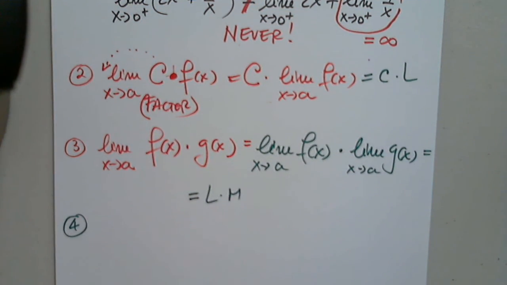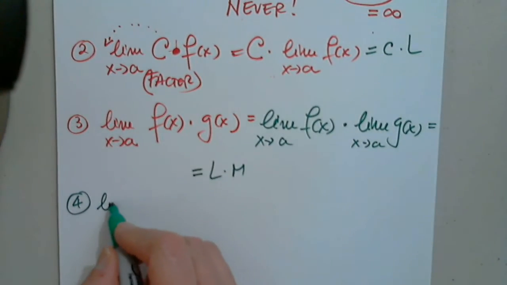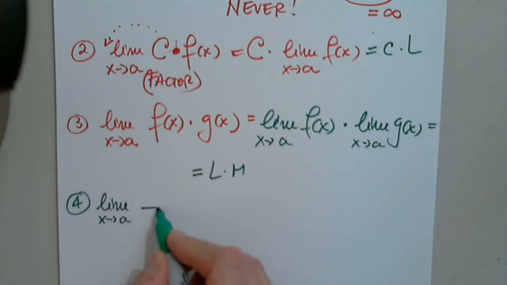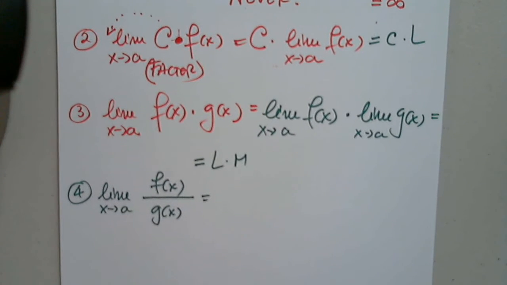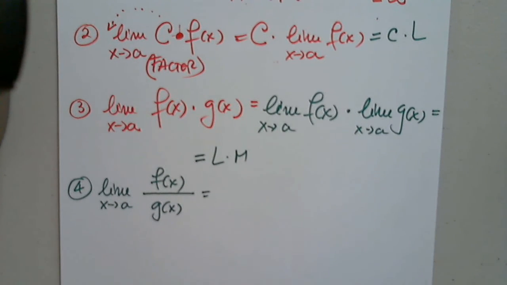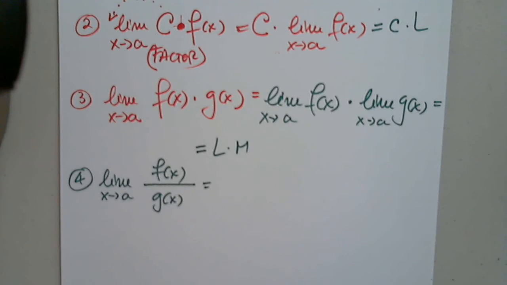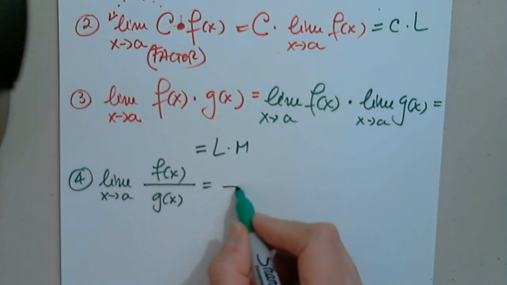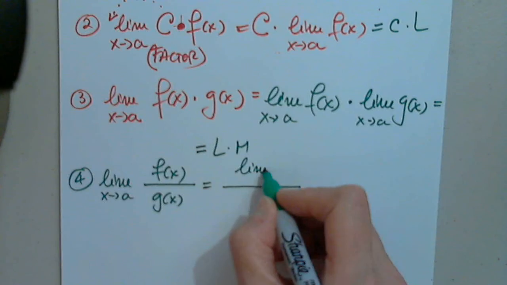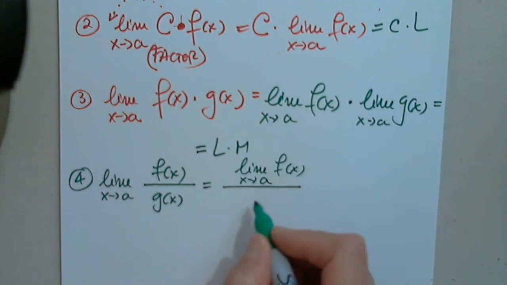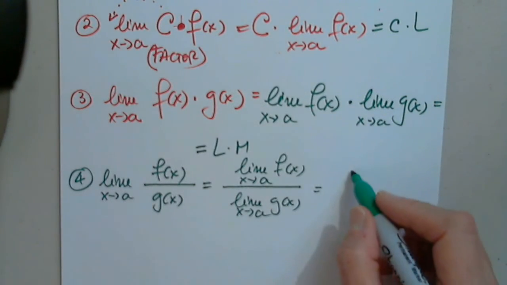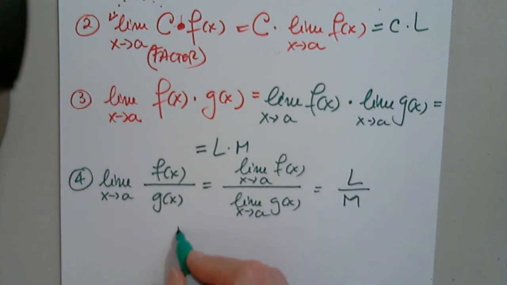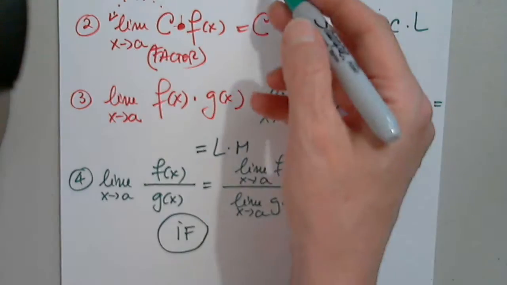Number 4. Next, limit law. Of course, what do you expect the next one to be? What do you think this will equal? Limit of f of x as x approaches a over limit of g of x as x approaches a, which will be L divided by M. But there is a big if here that I didn't have before.